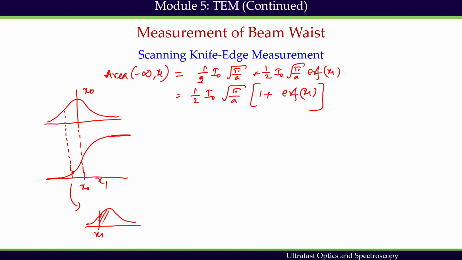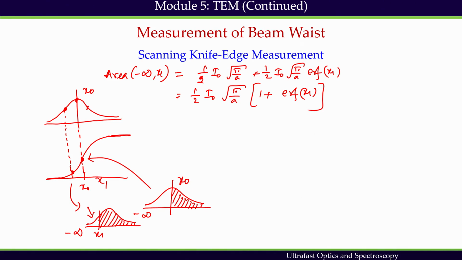So basically this shaded regime is the blocked beam. Only the beam which is unblocked is this part, and that's why we have taken the integration from minus infinity to x1, and I got this point. I got this point by taking integration from minus infinity to x naught. So this regime is blocked.